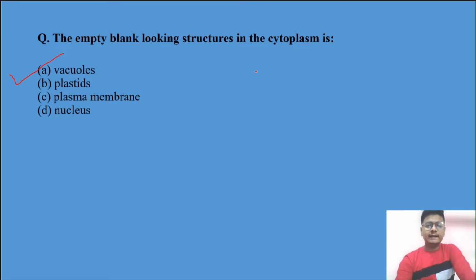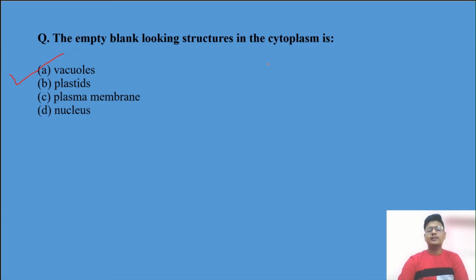Now let's see a beautiful photo. Before that, tell me which component helps in facilitating the process of photosynthesis in the plant. You will all tell me that it is chlorophyll, but it is not, because chlorophyll helps in photosynthesis.